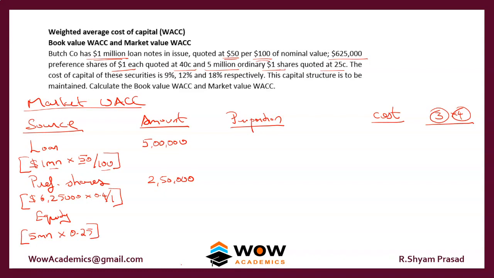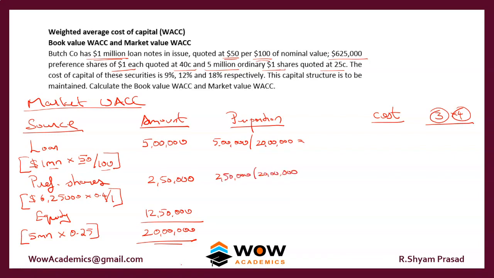So 5 million traded at 0.25 comes to 12,50,000. Now we'll take the proportion like how we did in the earlier one. So we'll take 5 lakh by 20 lakh, then 2,50,000 divided by 20 lakh, then 12,50,000 divided by 20 lakh.